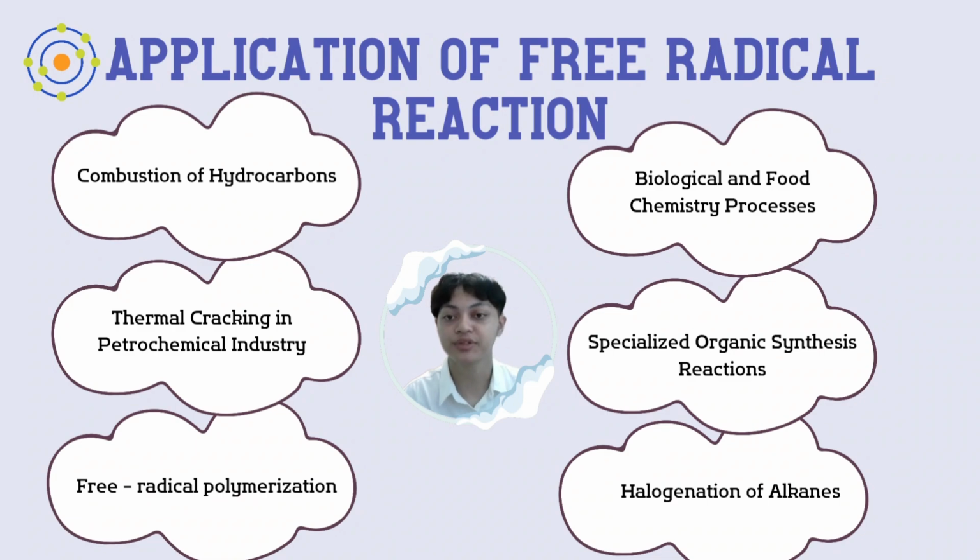We have combustion of hydrocarbons, thermal cracking in the petrochemical industry, free radical polymerization, biological and food chemistry processes, specialized organic synthesis reactions, and halogenation of alkenes. So for the first one, combustion of hydrocarbons.